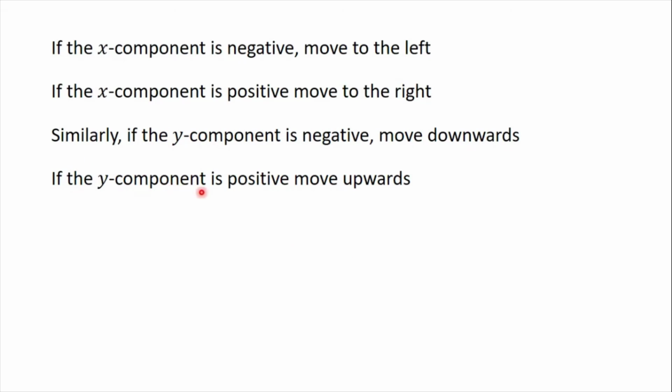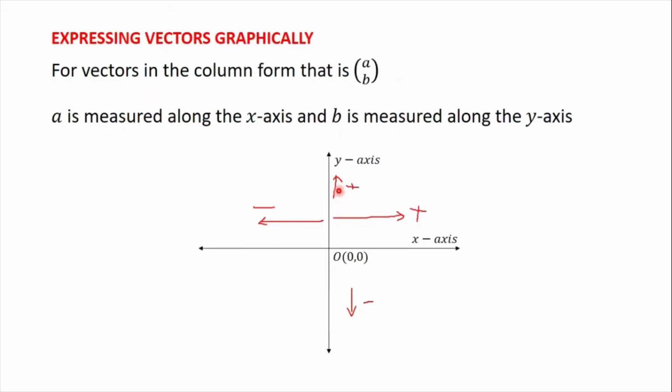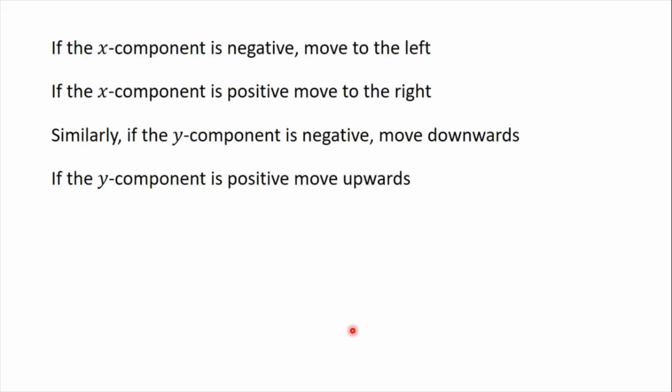If the y component is positive, move upwards. So if b is positive, move upwards. If b is negative, move downwards. These sign conventions are very important. We are going to use them a lot when we are representing column vectors on a diagram. So this is how to represent a column vector on a diagram.